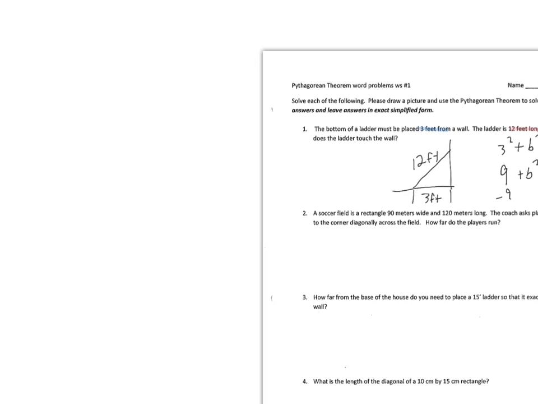I'm going to set my work over to the side. So I've got the square root of 135. All right. So this is where I start taking those perfect squares that I had before that you should have written down.